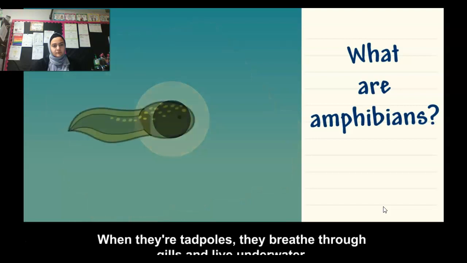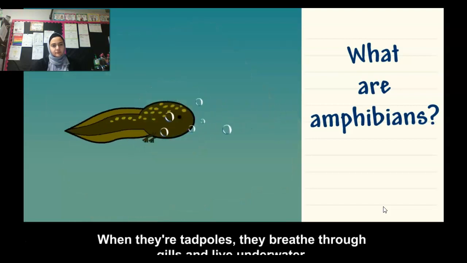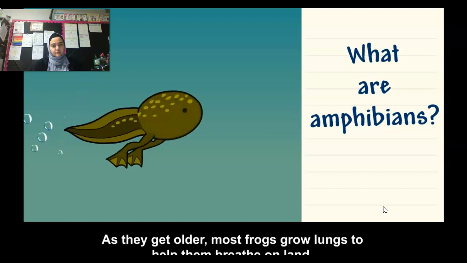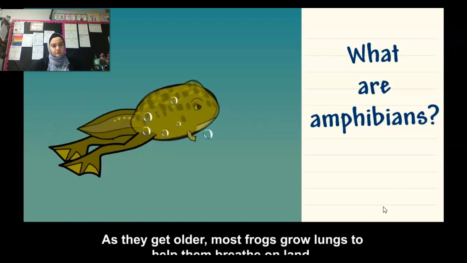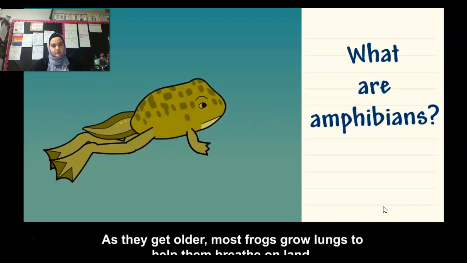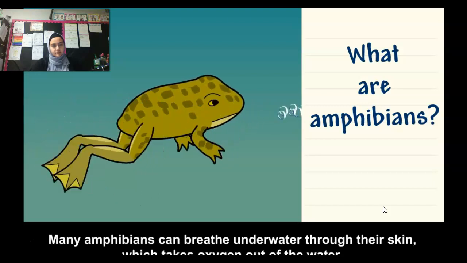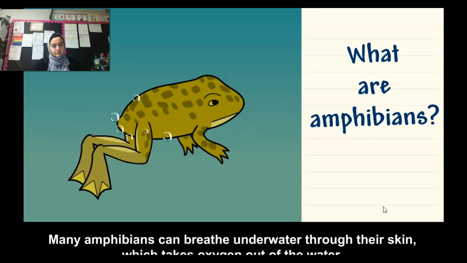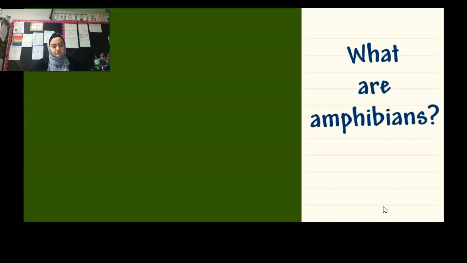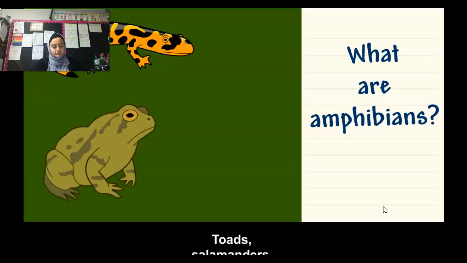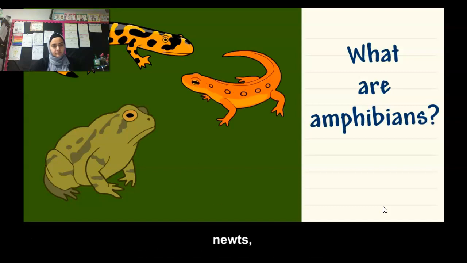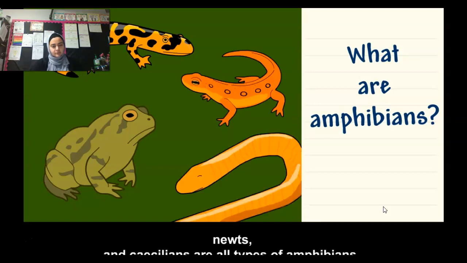When they're tadpoles, they breathe through gills and live underwater. As they get older, most frogs grow lungs to help them breathe on land. Many amphibians can breathe underwater through their skin, which takes oxygen out of the water. Toads, salamanders, newts, and caecilians are all types of amphibians.